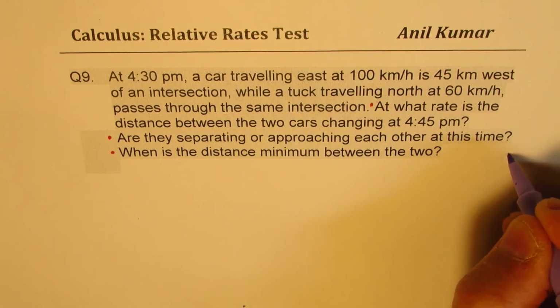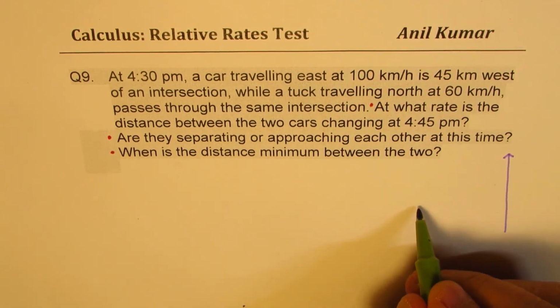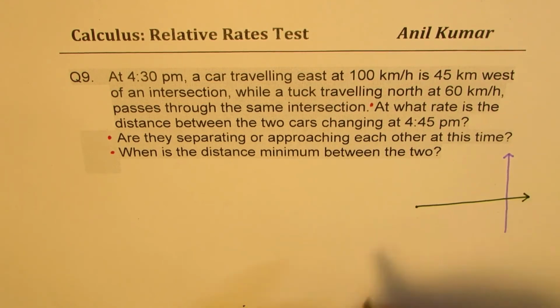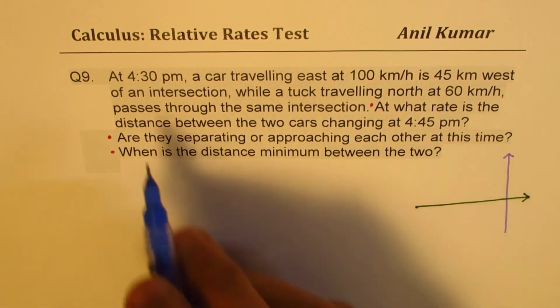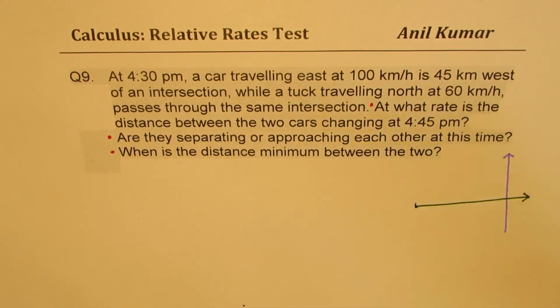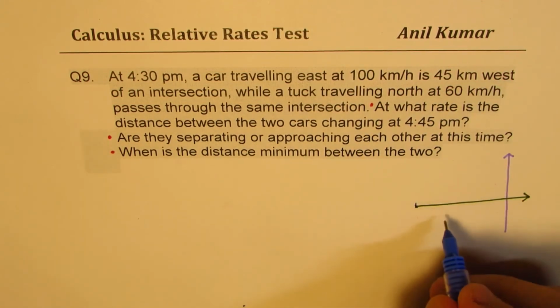Let us say that this is the north direction. Correct? In this intersection, the truck is going north and the vehicle on this side is going east from the west. At the instant 4:30, this particular vehicle is 45 kilometers west of this intersection.